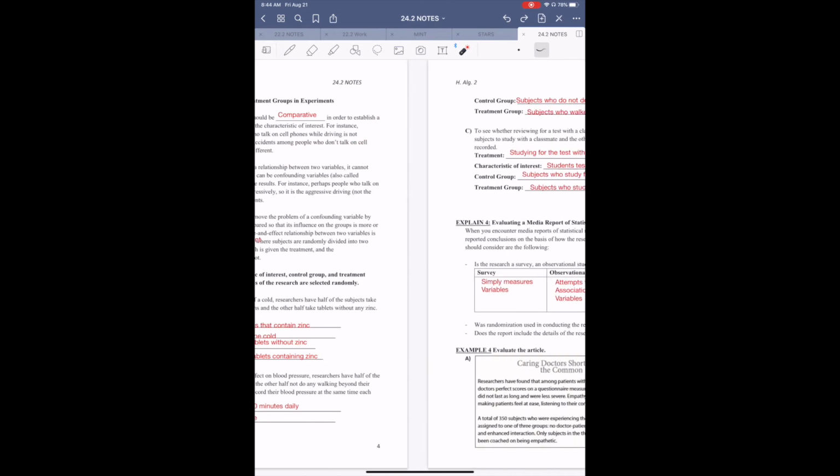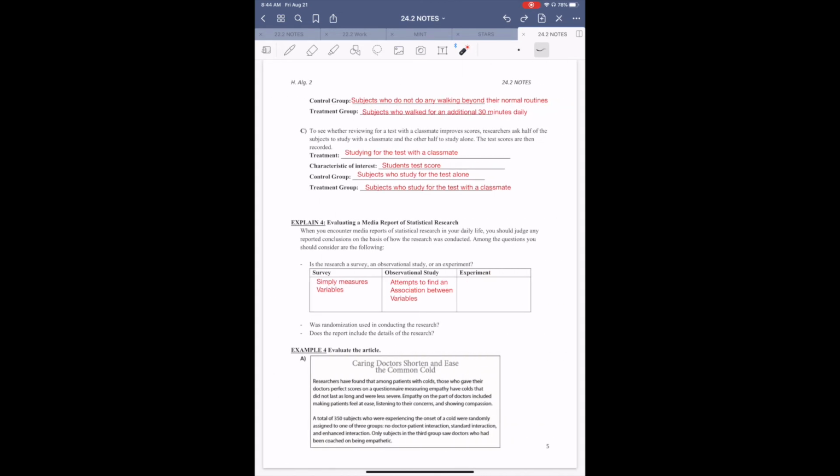It would not be ethical to have people drive and talk on the phone at the same time to conduct an experiment, so that is only something we can observe. We are attempting to make a correlation between using a cell phone and how people drive. In an experiment, we attempt to establish a cause and effect relationship between variables.